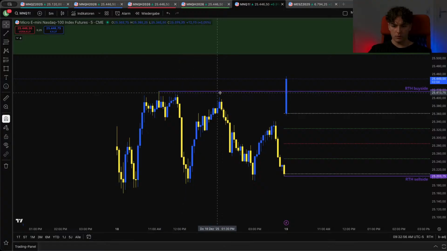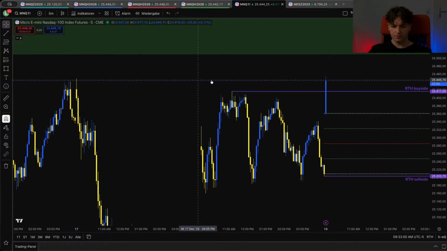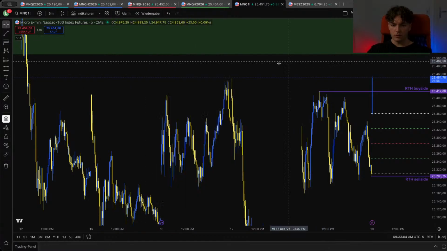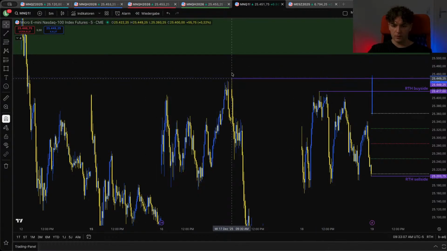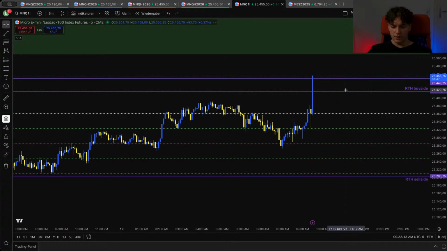So we have taken out buy side now here and buy side here. So we can also annotate this one. Okay, let's go back to electronic trading hours.